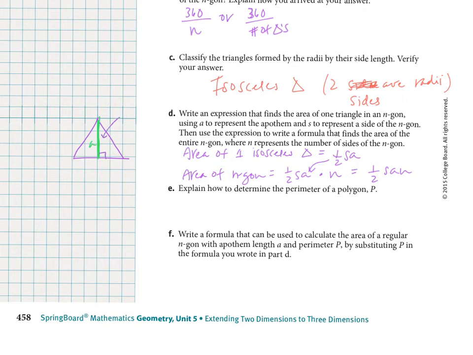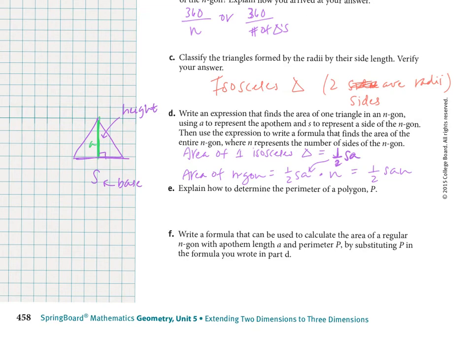Remember, A is going to represent our height. Down here, S stands for the length of that side. That's going to represent our base. So that's how we get 1/2 times S times A for the area of our triangle, just in case you need clarification on that.